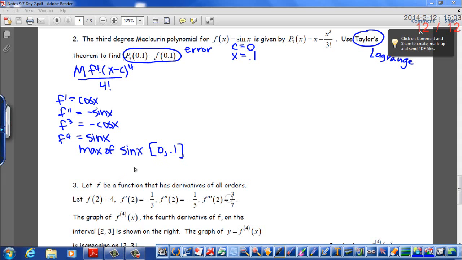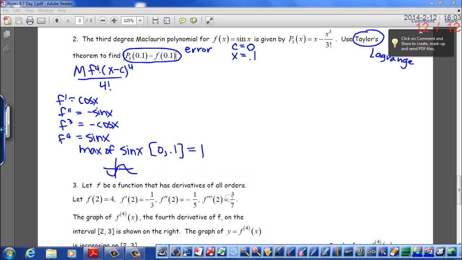And what we know about sine is that it's an oscillating function, and it fluctuates between y equals -1 and +1. So the maximum of the graph of sine x on its entire domain is 1. So for trig functions that are periodic, you can always use 1 in Lagrange error. So the graph of sine x actually looks like this.